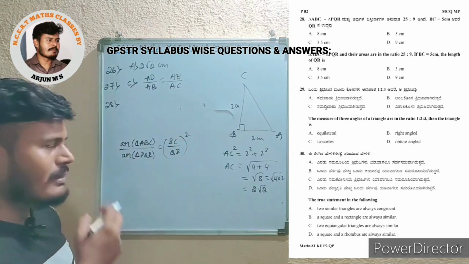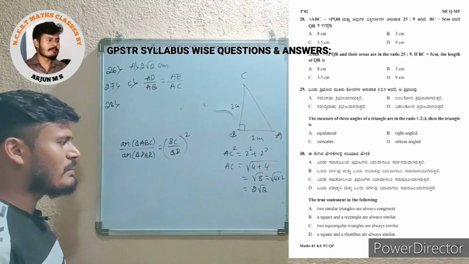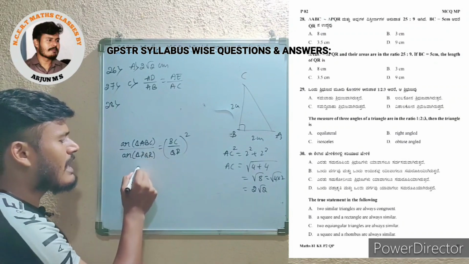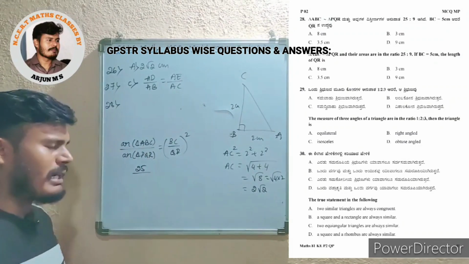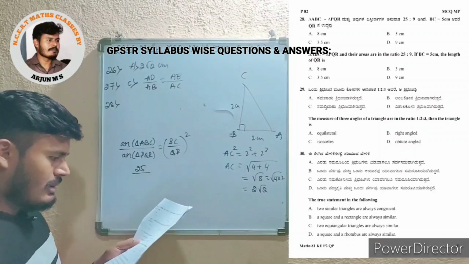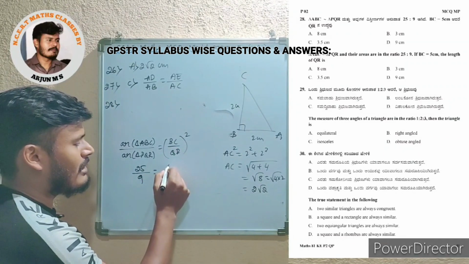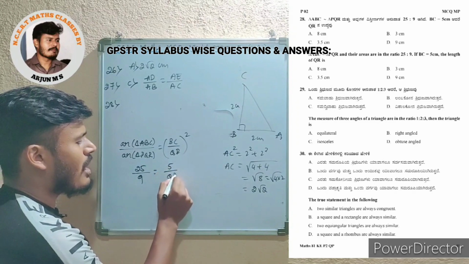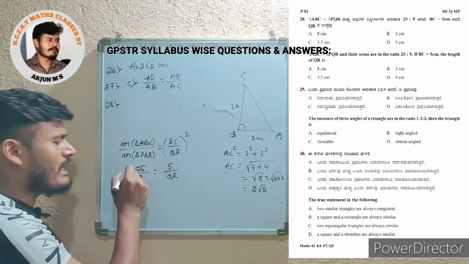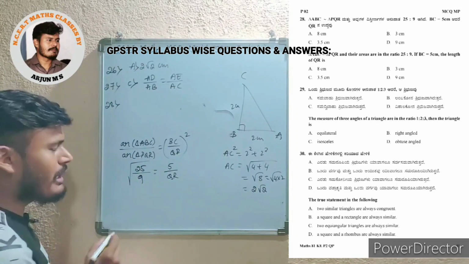This is the areas of similar triangles theorem statement, right? They are given the ratio 25 divided by 9, which is equal to 5 divided by QR whole square. Transpose the square to LHS, we get square root here.